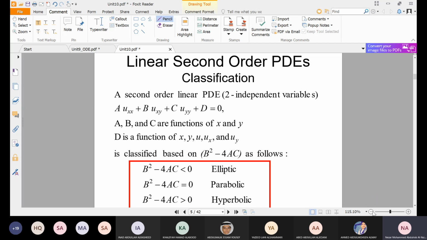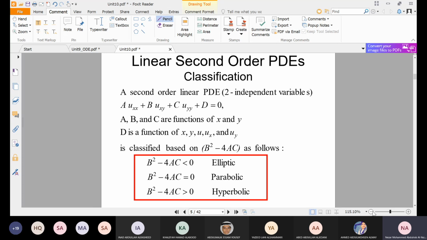So how can we classify an equation if we have a partial derivative with two independent variables? Either as an elliptic equation, a parabolic equation, or a hyperbolic equation.